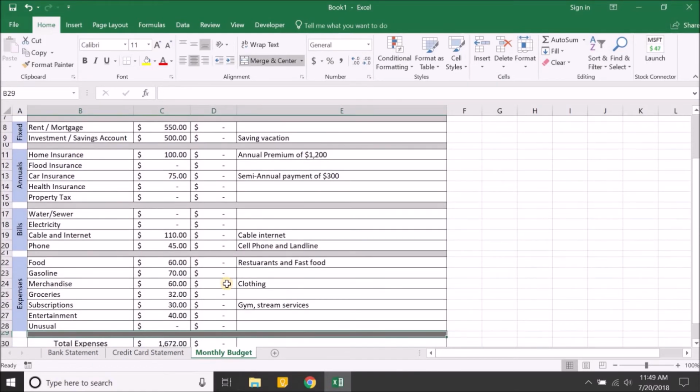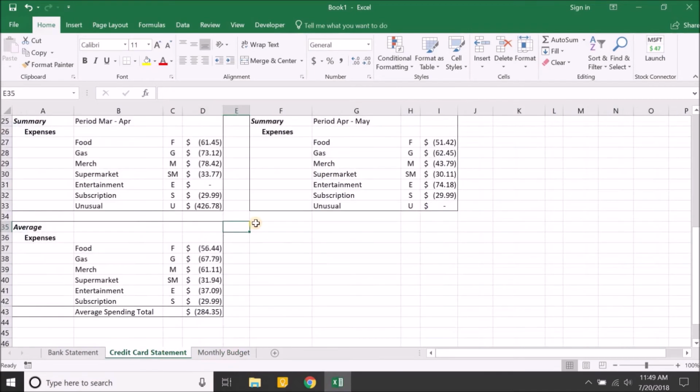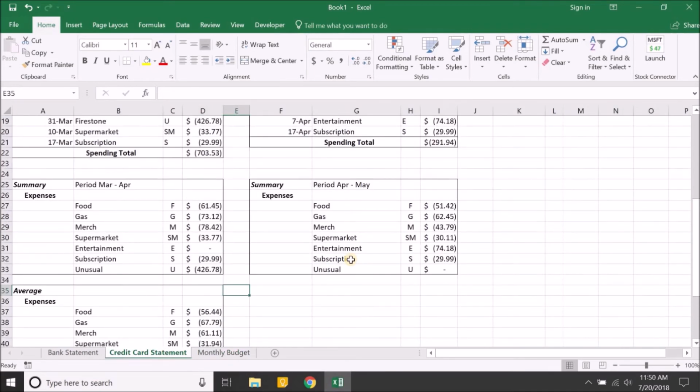And also, when you're looking at expenses, just one quick recap, look for any expenses that you know are too high and that you should cut back on. And take a look at subscriptions as well. That's one of those categories that a lot of people have multiple subscriptions that they might not even use anymore. And you can see this in more detail with the credit card statement, and you can maybe cancel any memberships.